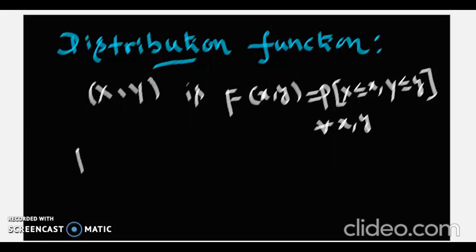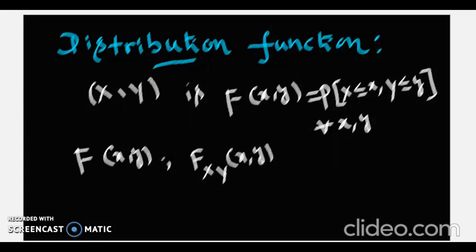Sometimes the distribution function F of x comma y is also written as F suffix capital XY of small x comma y.